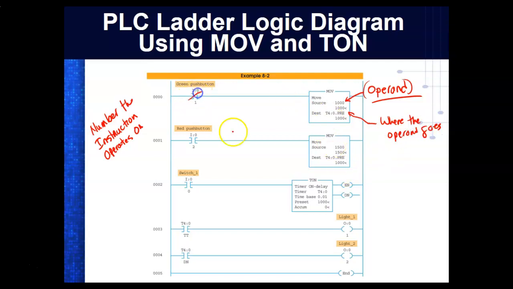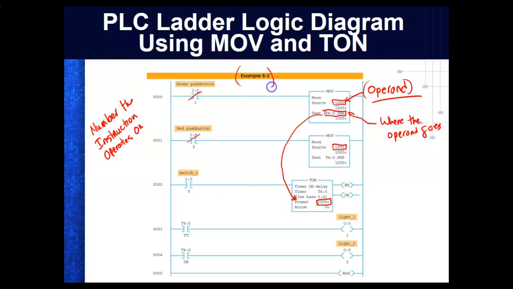So if I close this switch right here, this is going to take this decimal number and store it in the preset register, or the preset element, for timer 0. So as I close that switch, this preset right here would go to 1000. If I close this switch right here, the preset would go to what? Can y'all see that? 1500.